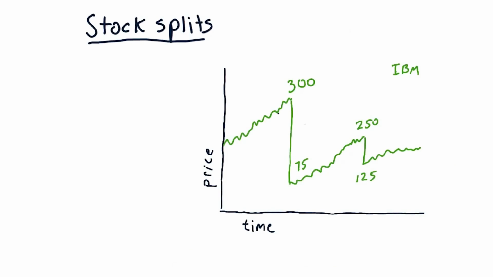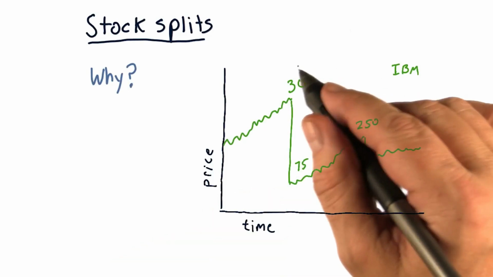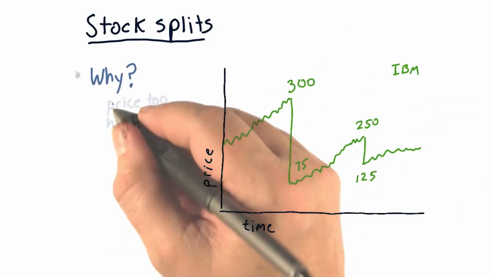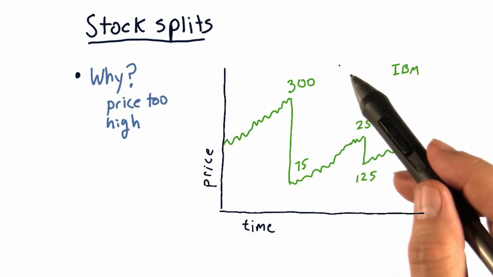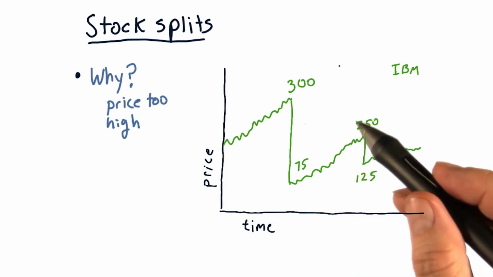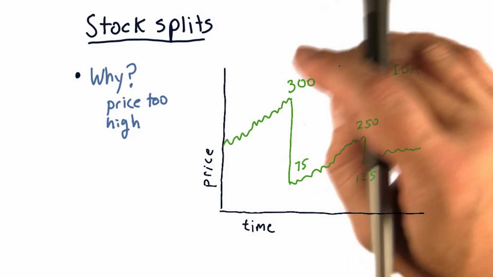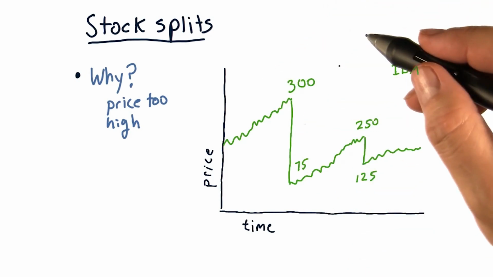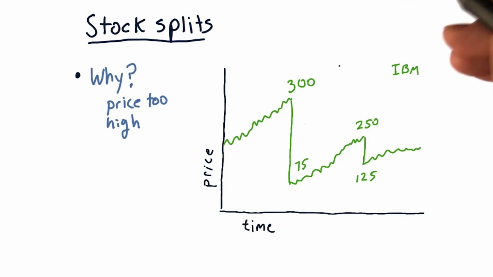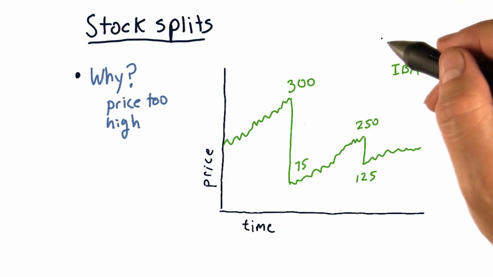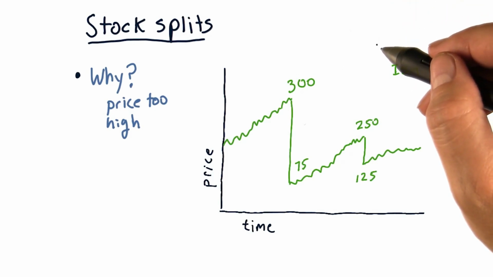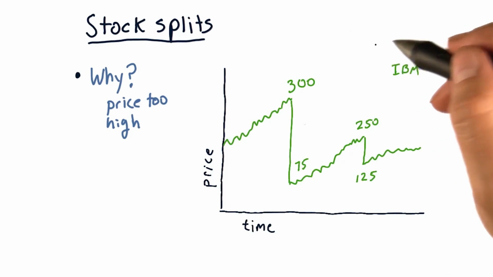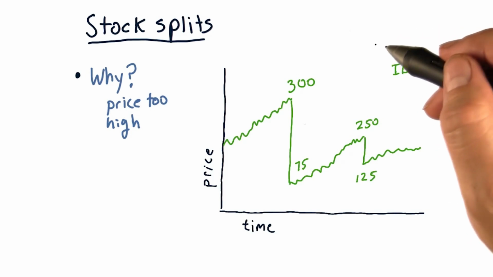Why do stocks split? The most common reason, and as far as I know the only reason, is that the price is too high. Why is a high price a problem? Well, consider for a moment that stock may be above, say, $500 per share. People like to buy stocks in groups of 100. So that means, for instance, it would be $50,000 to buy or sell a block of 100 shares of a $500 stock.